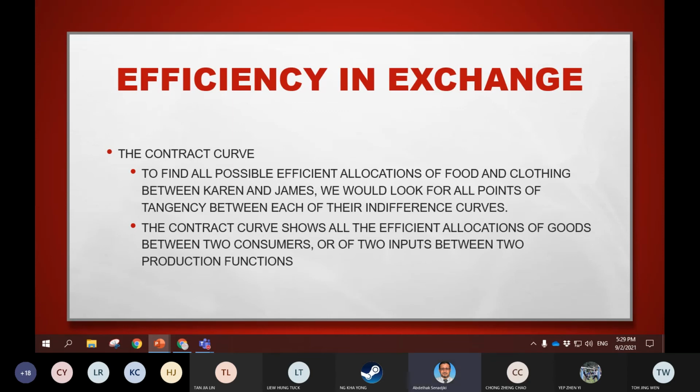But to find all possible efficient allocations of food and clothing between Karen and James, we look for all points of tangency between each of their indifference curves. If we don't see this tangent point, that means we don't reach efficiency. So we need to find all points where this tangency between Karen's indifference curve and James's indifference curve happens.